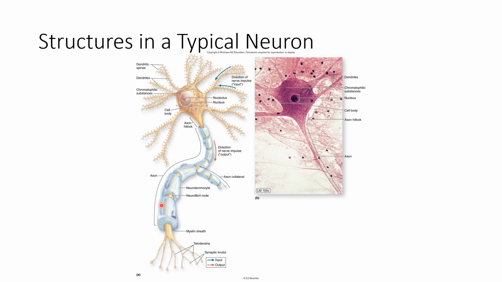Not all axons of our neurons are myelinated. What's the function of having a myelin sheath other than insulation? It allows the message to run down your axon faster. So without a myelin sheath, that nerve impulse, that action potential, is going to go down the axon. It's just going to take a longer time.